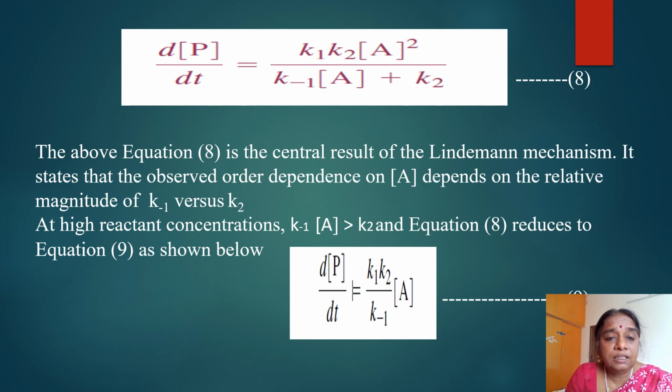It states that the observed order dependence on A depends on the relative magnitude of K inverse 1 versus K2. At high concentrations, if we have K inverse 1 greater than K2, equation 8 reduces to equation 9 as shown below.